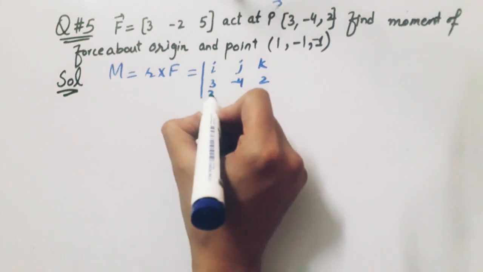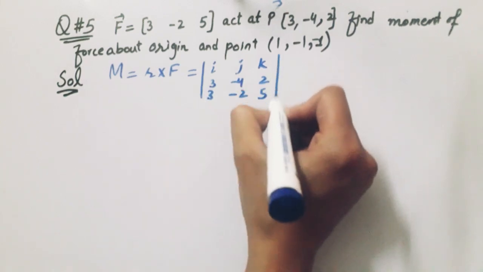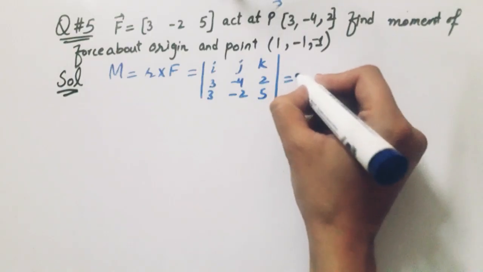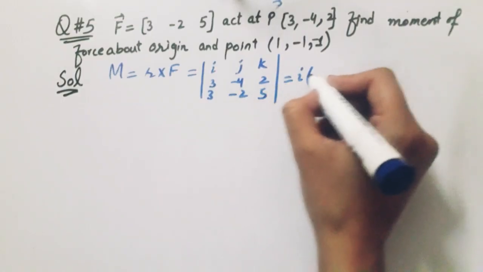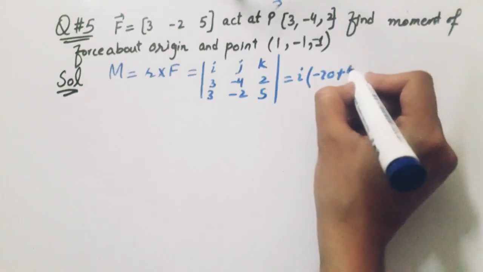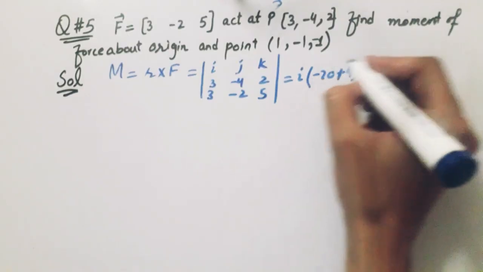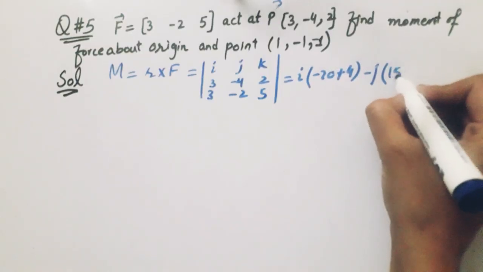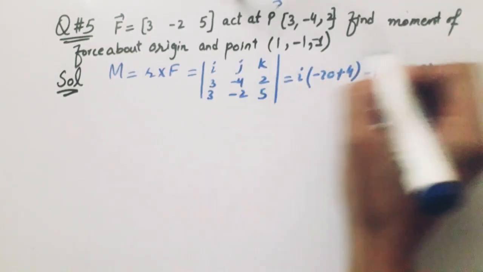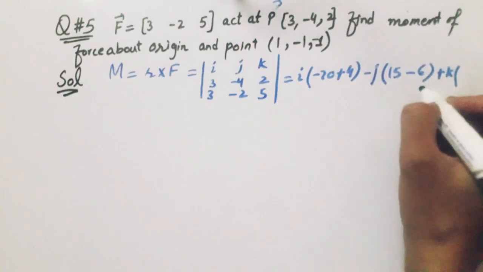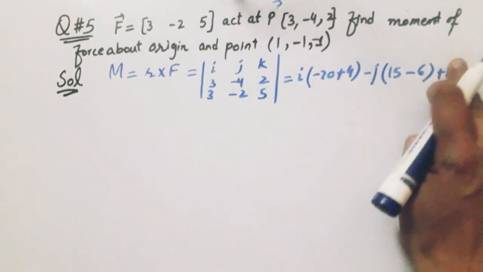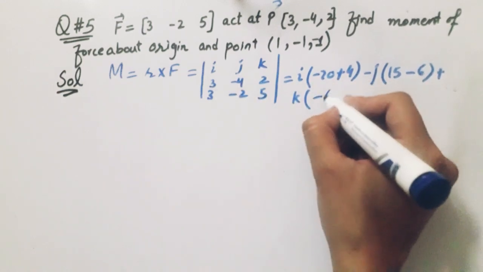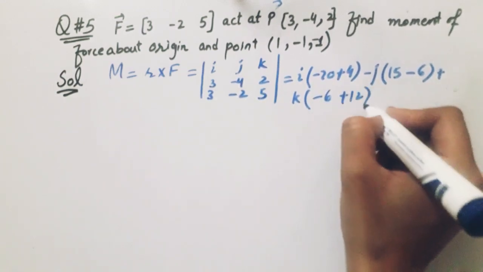And then f3 is minus 2 and 5. Now you will expand this with respect to r1. So i is equal to minus 20 plus 4, and then minus j is equal to 15 minus 6, and then plus k is equal to minus 6 plus 12.